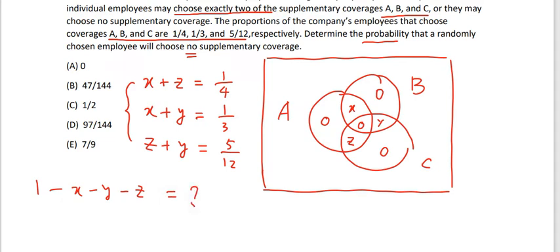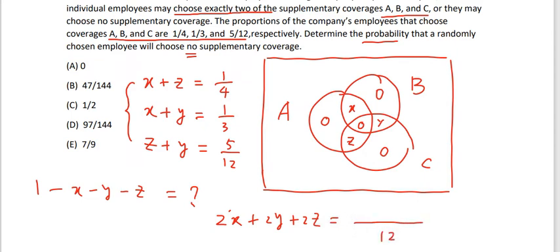Okay. So we just need to find X plus Y plus Z. We know these 3 equations. We just add them together. We get 2X plus 2Y plus 2Z equals... So we use a common denominator: 1/4 becomes 3/12, plus 4/12 plus 5/12.